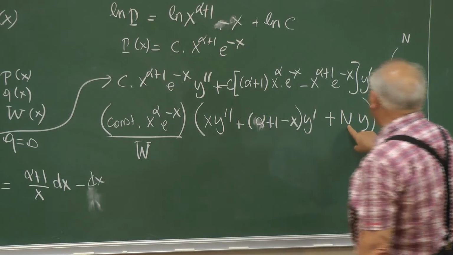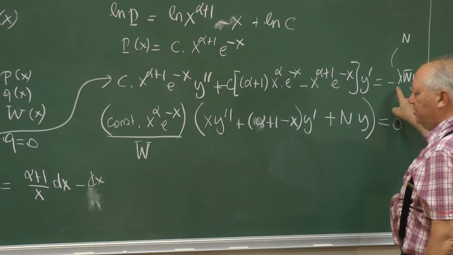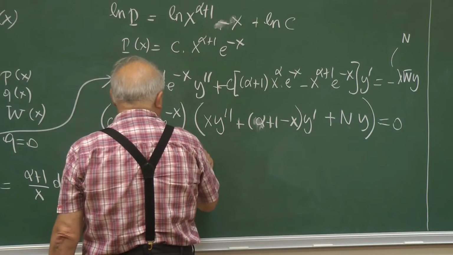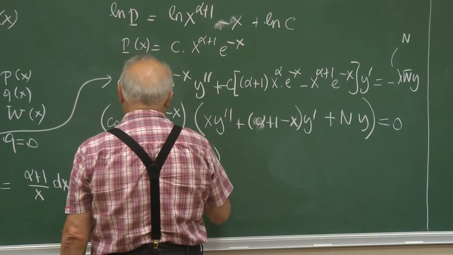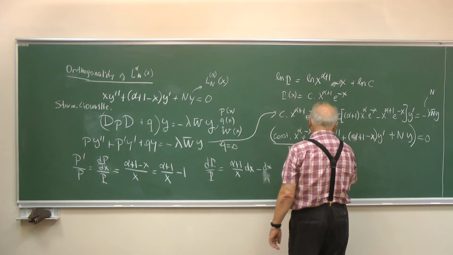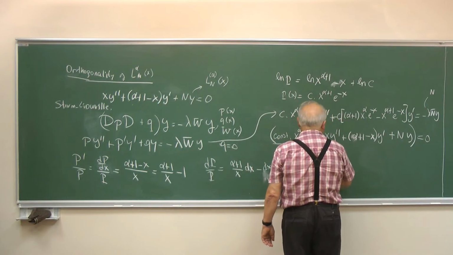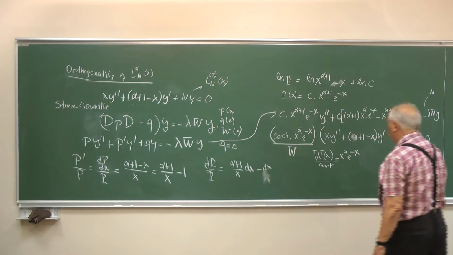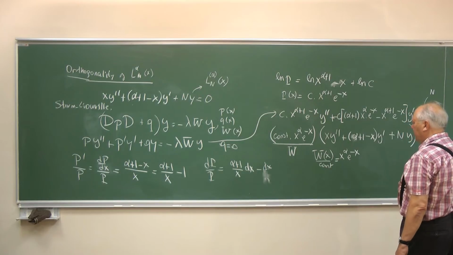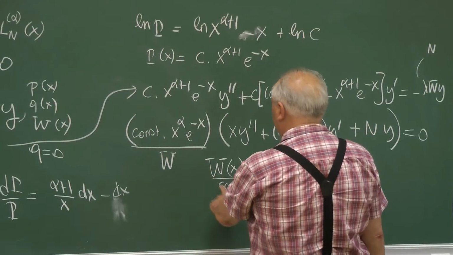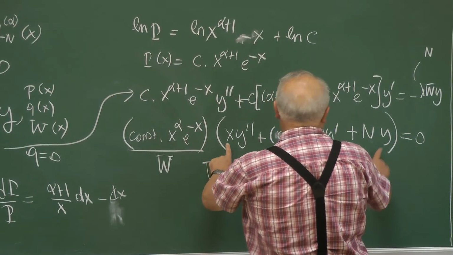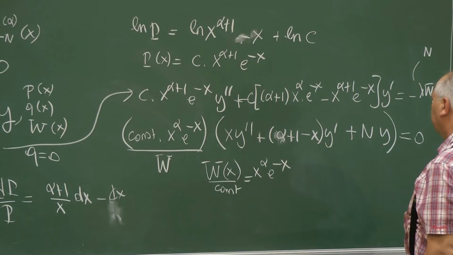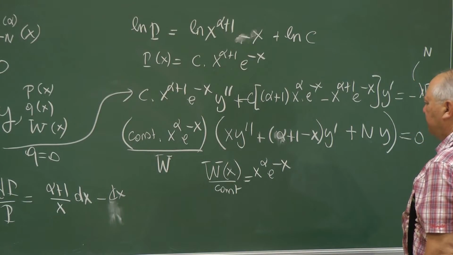So we have associated the integer n with this lambda, the eigenvalue, and we choose the weight function, that's why I call it w of x, over constant as x to the alpha e to the minus x. So if we do that, this is 1 because this is 1. We are simply left with this associated Laguerre differential equation.